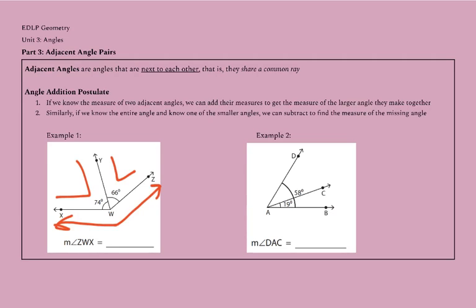So if I know the pieces, I can get the whole by adding those together. One of the pieces is 74. Another piece is 66. And if I add those together, I should get 140 degrees.